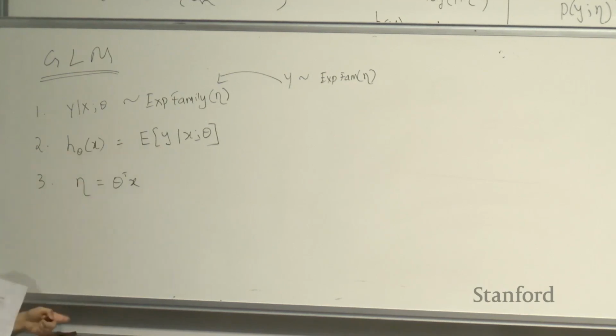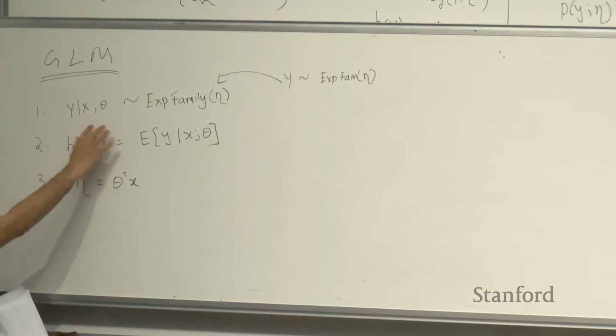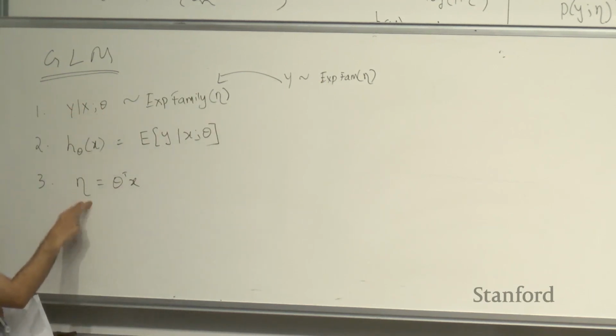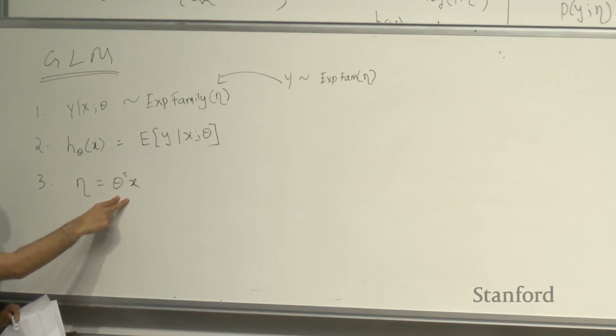In general, when you know that a variable is distributed according to some distribution, and you're asked to make a prediction, predicting the mean of the distribution is a pretty reasonable value to predict. So this seems pretty reasonable. And then we make yet another assumption of the way we tie the parameter of the exponential family with the inputs, as eta equals theta transpose x.